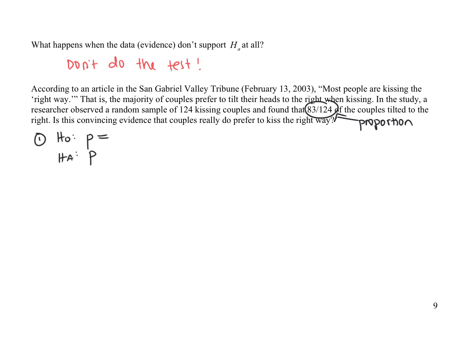So is there convincing evidence of a preference? If there were no preference, we would expect about half to go to the right, about half to go to the left. So if there were no preference, we would expect p to be 0.5. We want to know, is there a preference? So is that population proportion greater than 0.5? P in this case is the population proportion of couples tilting heads to the right.